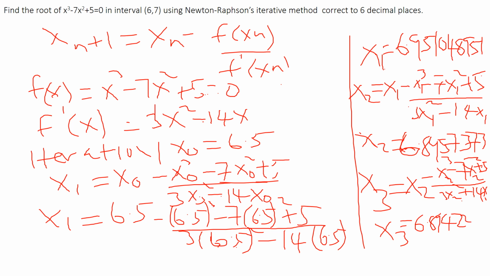6.899422504. So that will be our third approximation, and remember, we can still use the third to get the fourth one.